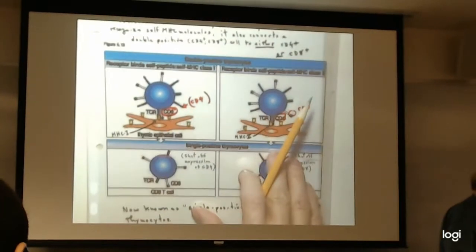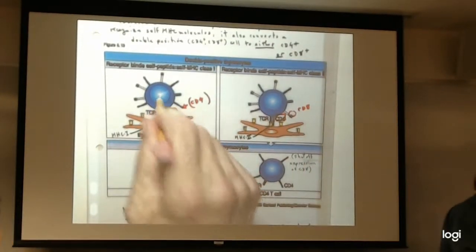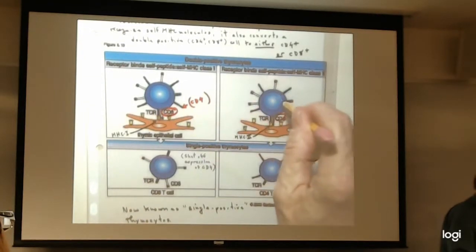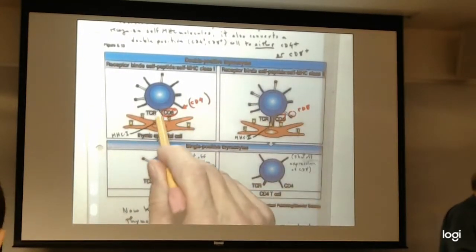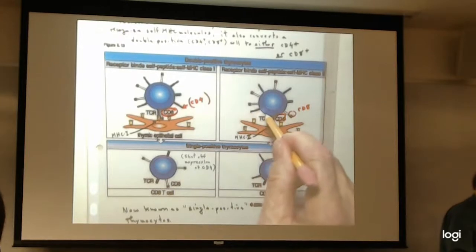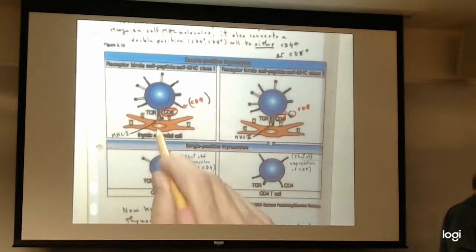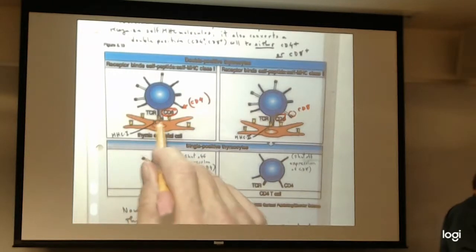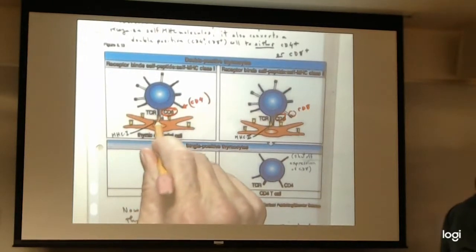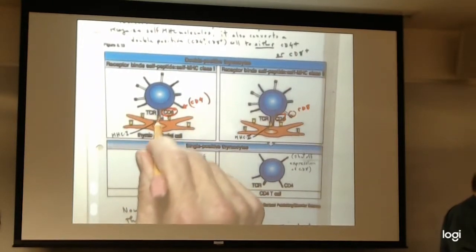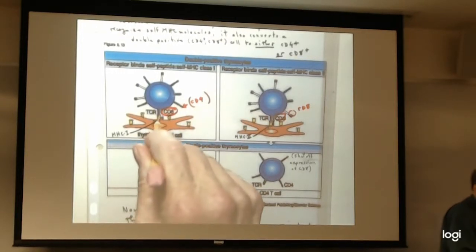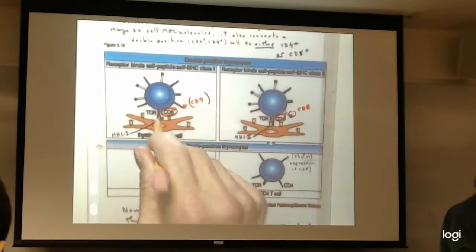Here's one double positive cell. Here's another double positive cell. Both of these have made a shiny new T cell receptor. Okay? And it's going to be tested for its ability to bind to an MHC molecule. Hopefully not a self peptide. If it binds to it, it's going to get screwed. That's going to be the end of it.